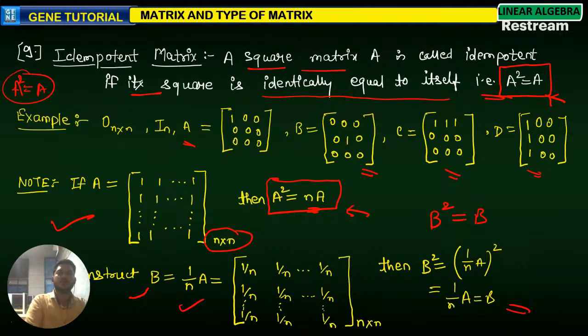We take some order n cross n, and I_n equal to A, with entries like I, 0, 0, 0 and so on. The clear point about the idempotent matrix is that you have a square matrix and it keeps identically equal to itself, so we say it is the idempotent matrix, and these examples are related to idempotent matrices.